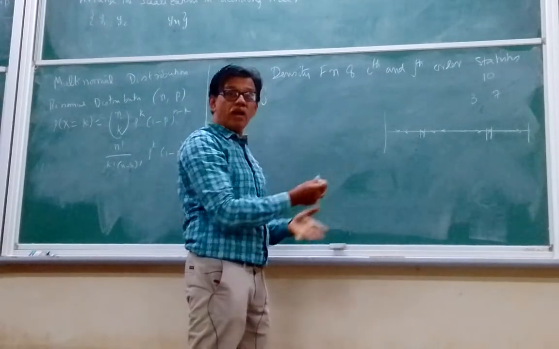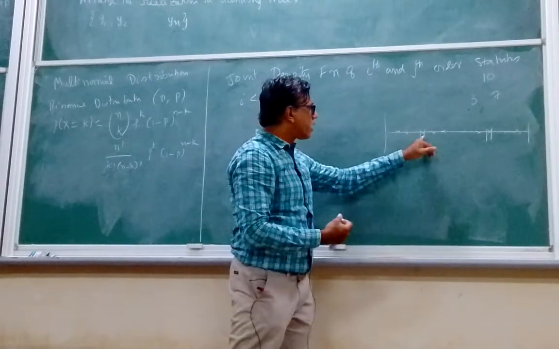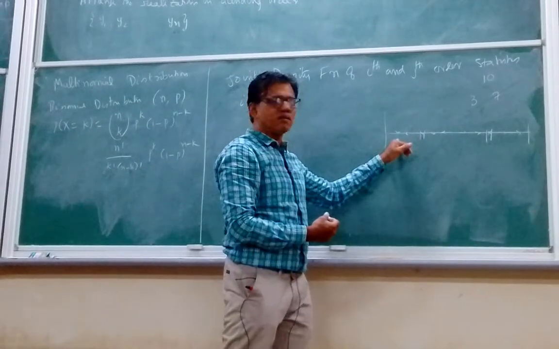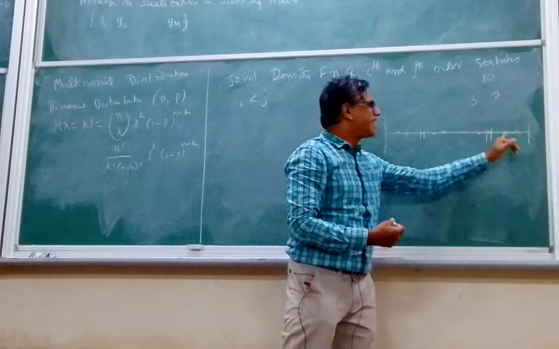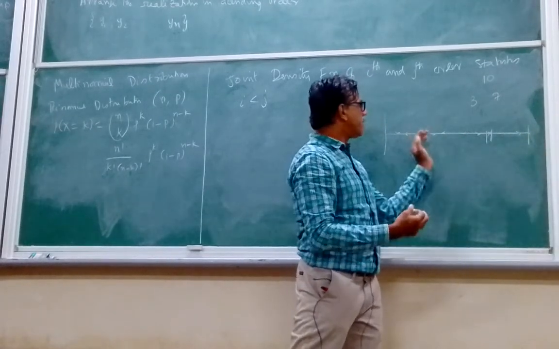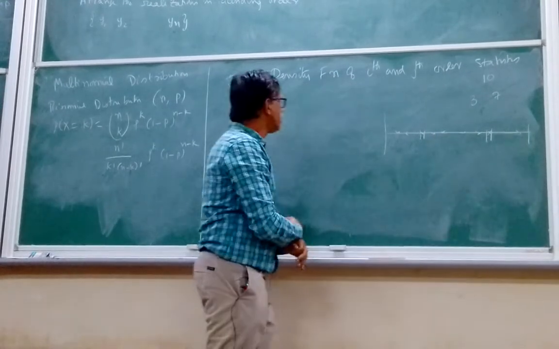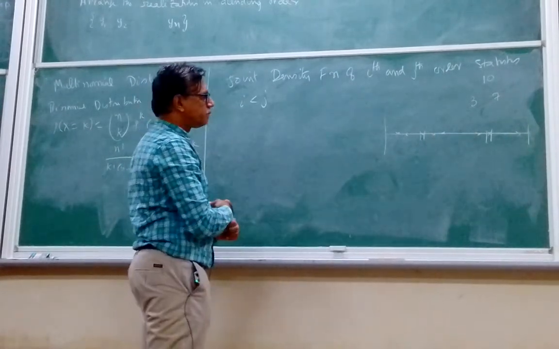So if that has to occur, then what should happen? If third has to occur, 2 should be on this side. If seventh has to occur, 8, 9, 10 have to be on this side. And 7 minus 3 minus 1 have to be in between. The same thing we can apply here.